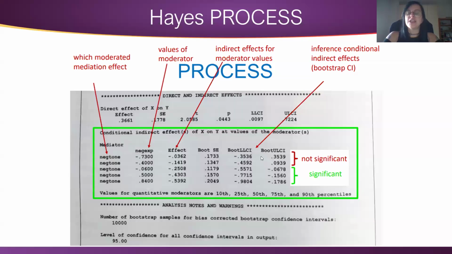Well, if we see that 0 is in the interval, just like in the first two scenarios, because we go from minus something to plus something, so 0 is in there, then it's going to be not significant. Well, if we go from a negative to a negative value or a positive to a positive, meaning that the 0 is not in our way, then it's going to be significant.